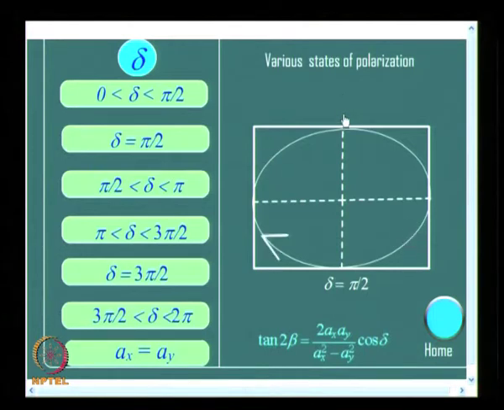This is a very important result, a very useful result in photoelasticity. If the vibrations along the major and minor axes have a phase difference of pi by 2, that is very important information, then those axes form the axes of the ellipse.